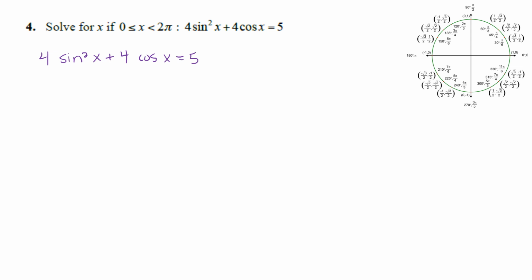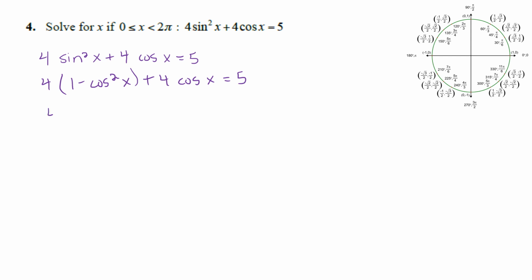So I see here that I have sine squared x, so I can use the Pythagorean identity to rewrite sine squared x in terms of cosine, so then I have all the same trig functions. So I'm going to rewrite sine squared x as 1 minus cosine squared x. And then I'll add the rest of my equation. 4 cosine x equals 5.